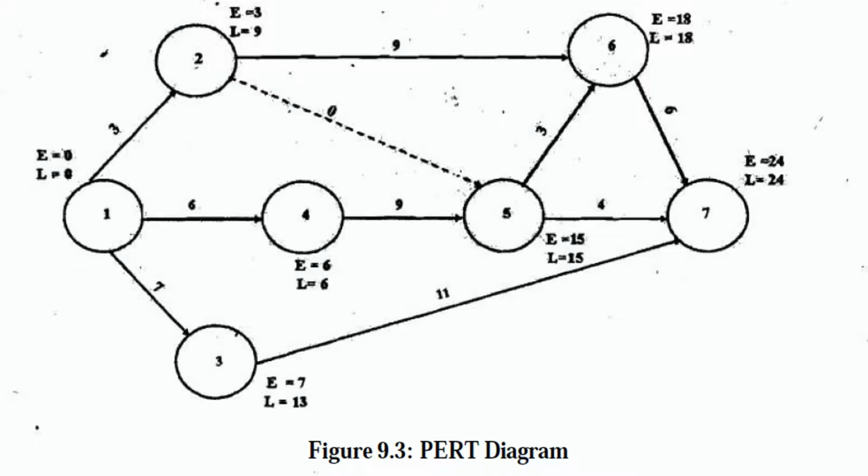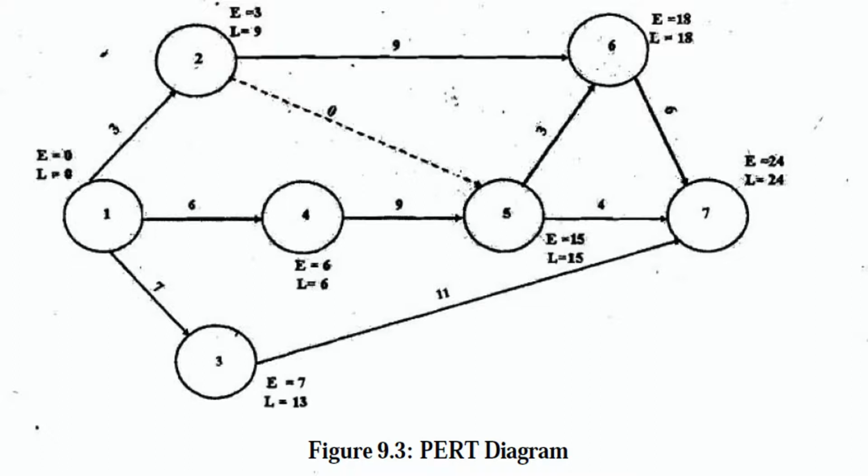But the important thing you need to know is that in this PERT chart, the path from event 1 to event 4 is one critical path. The critical path goes from event 1 to event 4, event 4 to event 5, then event 5 to event 6. On top you can see that the line from 6 to 7 is slightly thicker, and then from 6 to 7. So this becomes your critical path.